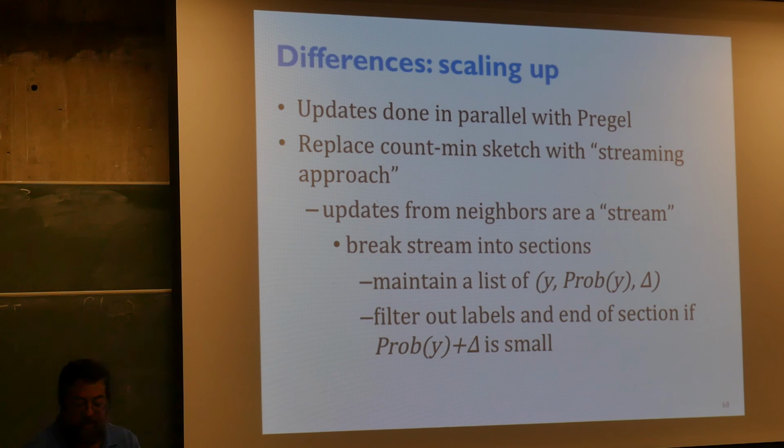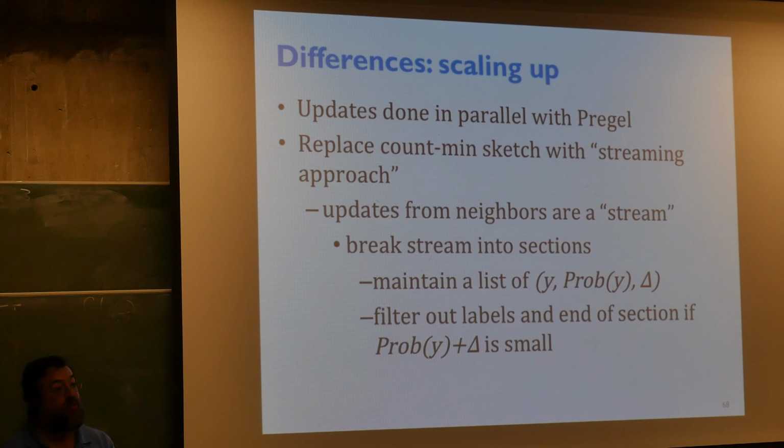So the essential idea is you're going to treat this as a stream of independent events, and what you're going to maintain as you go through the stream is basically a label ID, a score for that label, and then some sort of error bar.